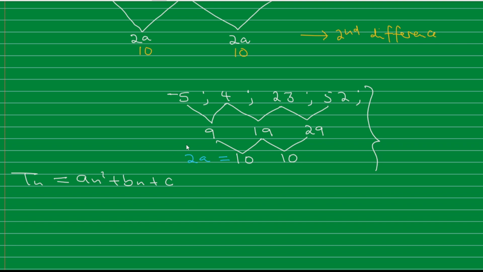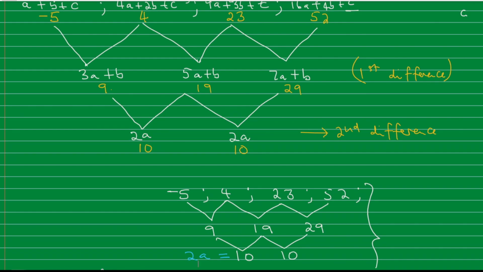Now we are extracting this from what we have done here. When we come to 9, this first term in our first difference, we said it is equivalent to 3a plus b.